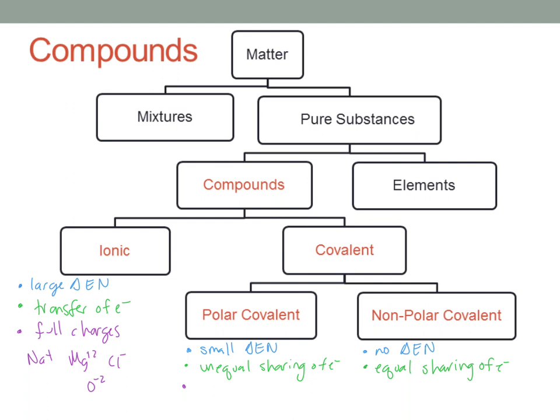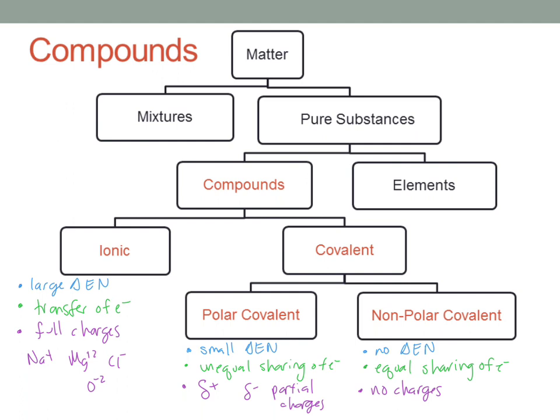It's just that the electron cloud shifted from one side to the other. And so you ended up getting those partial charges, the partial positive and partial negative. So partial charges. And then lastly, for nonpolar covalent, since there was an equal sharing, we had no charges at all. So no charges on any of the atoms in those bonds.